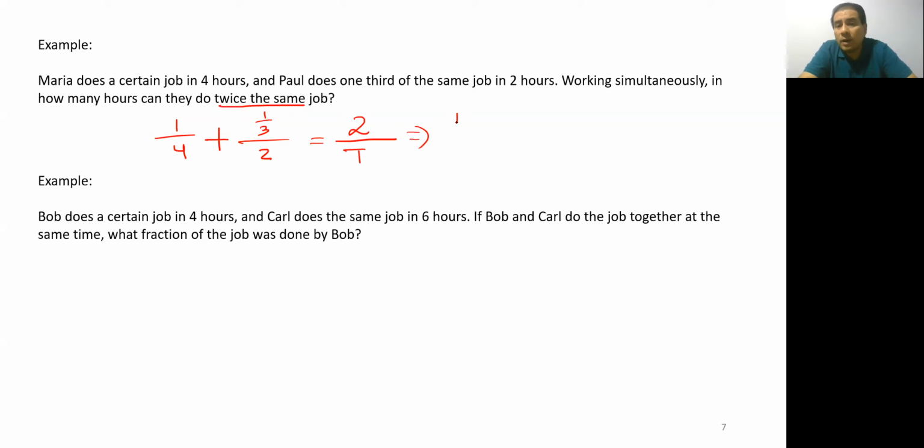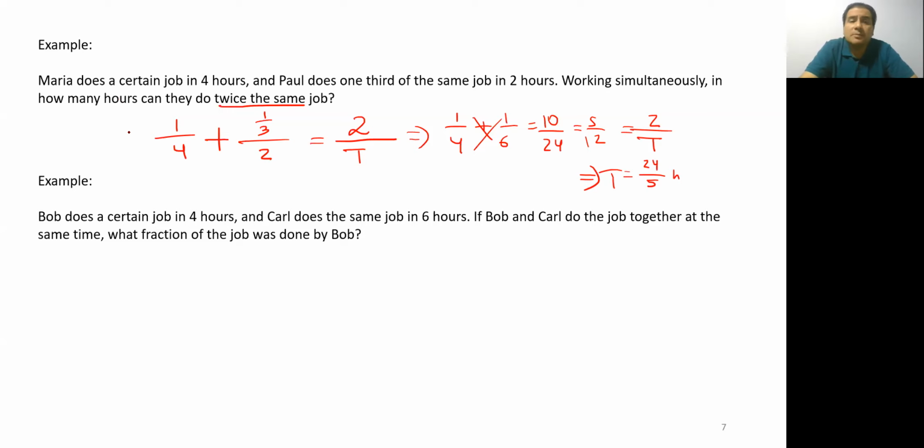Here it would be 1/4 plus 1/6, cross product, that is 10 over 24, which is 5/12, and that is equal to 2 over t. So from here, t is 24 over 5 hours. That's it. Okay, so that's how we use the concept of the addition of rates for machines or people working simultaneously.